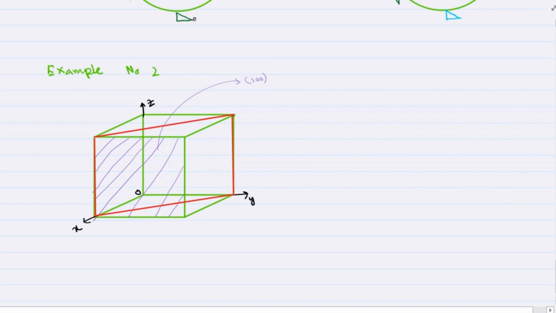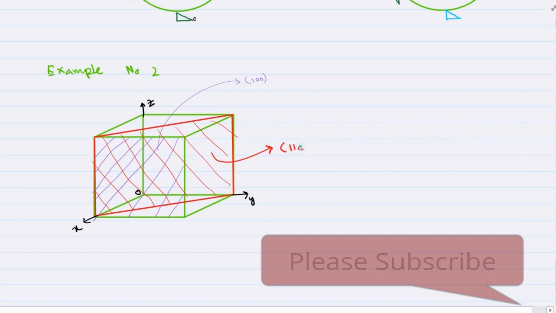Now this rectangular shape, this specific one, is your 110 crystallographic plane. So the 110 plane.